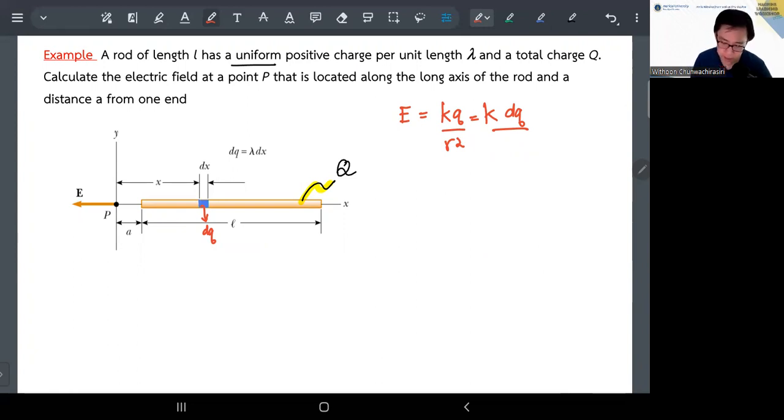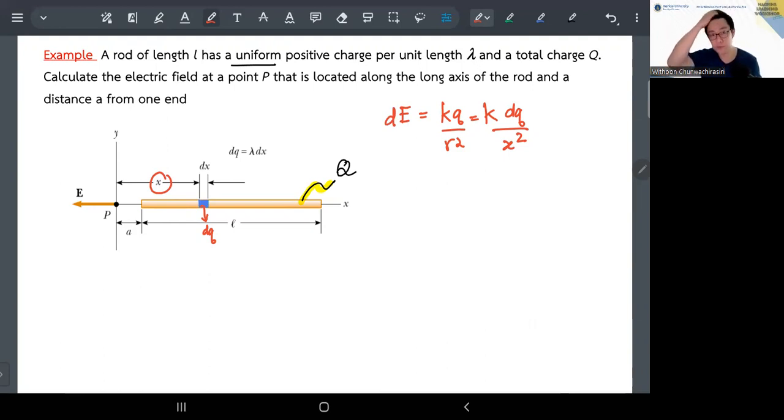So good. So all you need to do is the distance is automatically the coordinate of that dq. So if you know the position x of that dq, x is going to be your distance from that dq to point P. So I put x squared on it. Cool. Okay. And because this is going to be the field coming from a super, super tiny charge dq, let me call this dE, shall we? And that's it, guys. That's the first step.